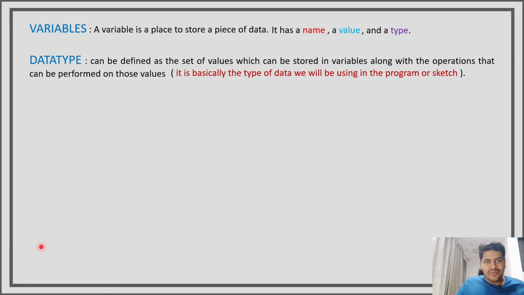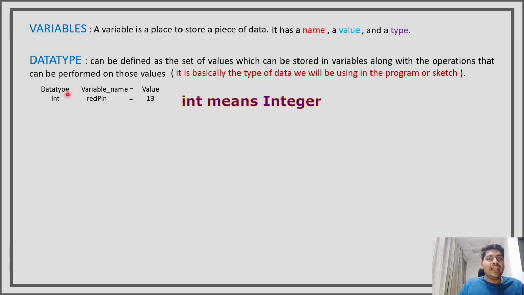You'll get to know in a few moments why. So this is a simple example of a variable. A variable has a name, which for this example is red pin. The value would be pin 13 on the Arduino board, and the type of the data is int because it is 13.